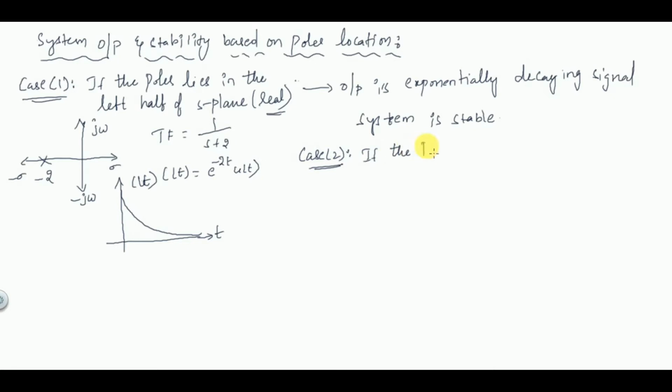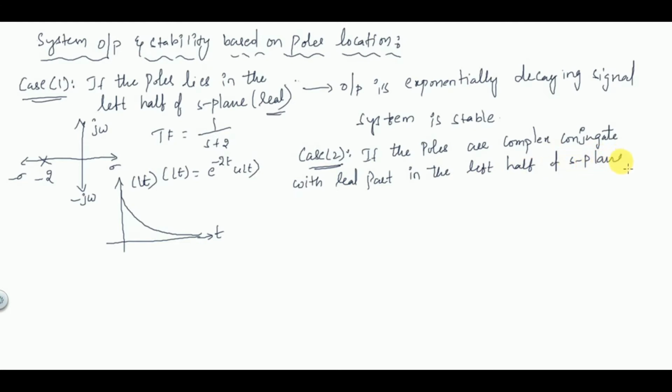If the poles are complex conjugate with real part in the left half of S-plane, that means the poles will be like this: some value you can take here, like -2, and this is plus j1 and this is minus j1.